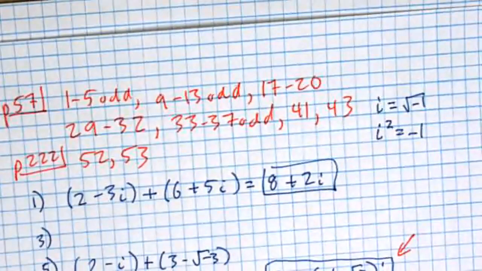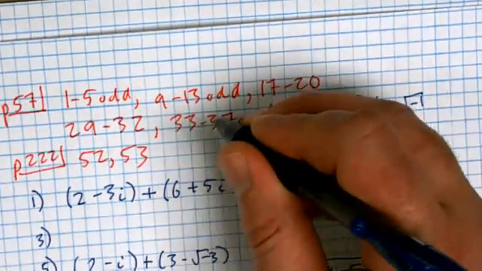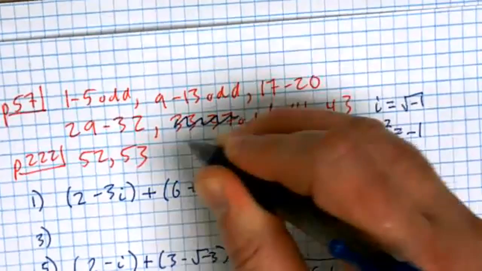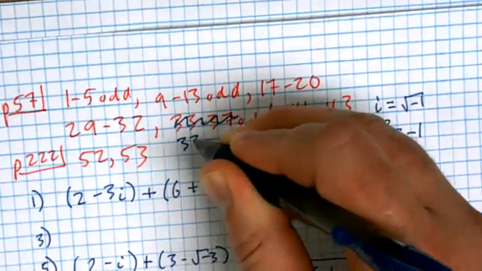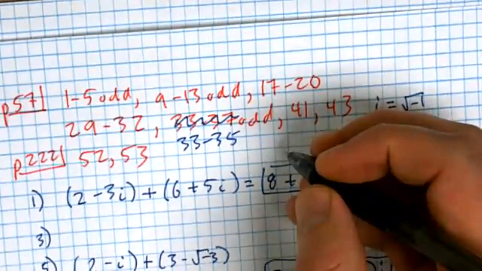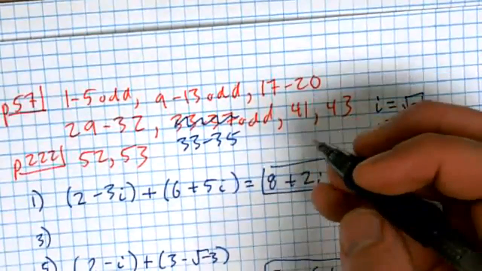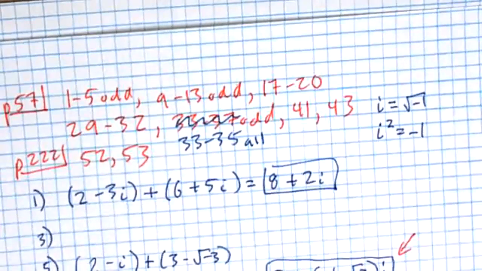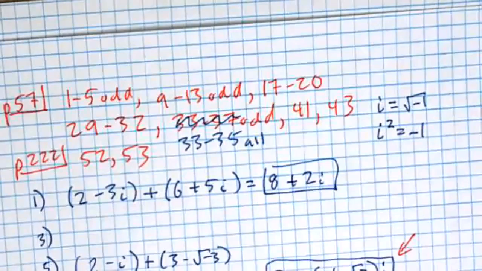Cutting off 37 and 39. We're just going to do 33 to 35. I'm taking 2 away and I'm adding 1. Okay. I'm taking off 1, I'm adding 1. 33 to 35, all. So I took away 37, I'm adding on 34.